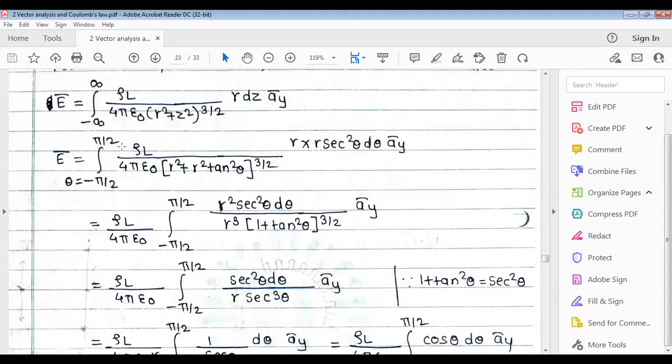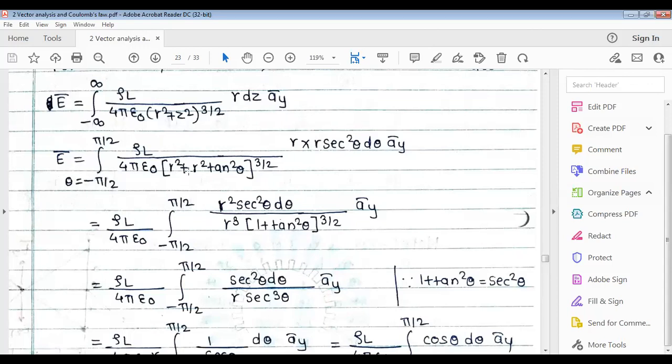So, here this rho L upon 4 pi epsilon 0 is a constant. So, we are taking this outside. Integration from minus pi by 2 to plus pi by 2. Then r into r, that is r square sec square theta d theta divided by. Now, here this r is taken common. Okay, r is taken common.